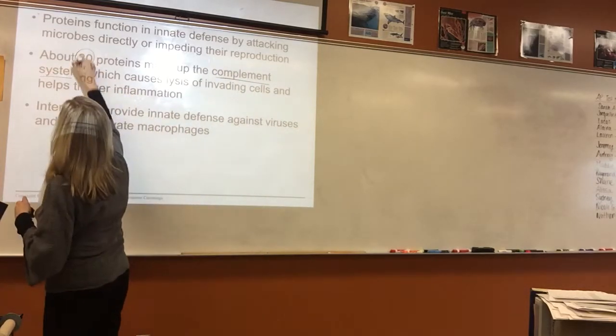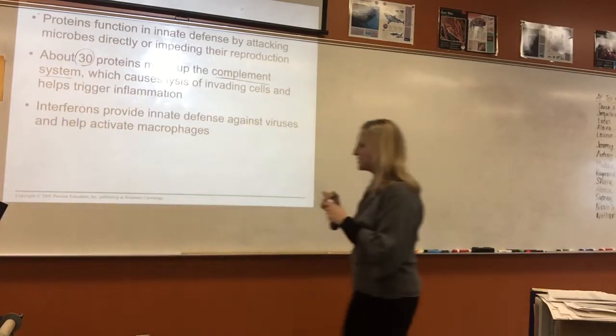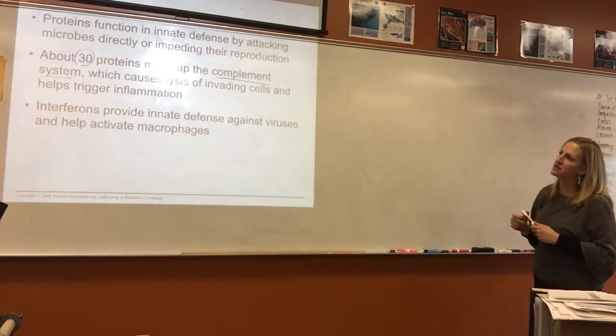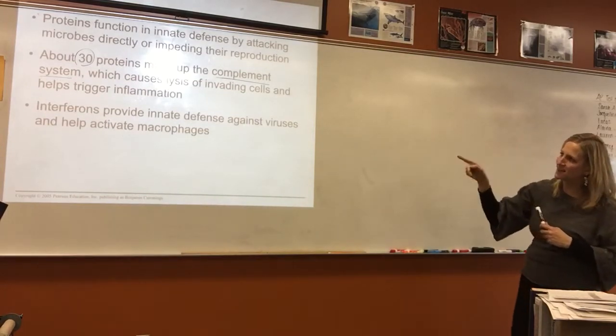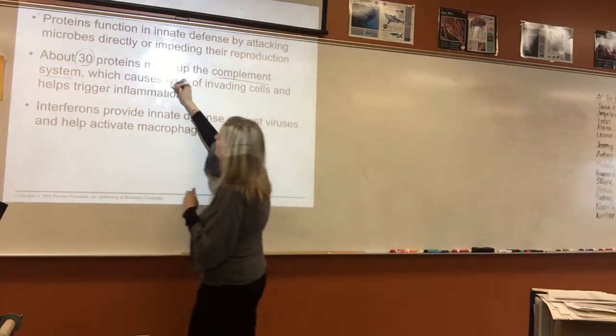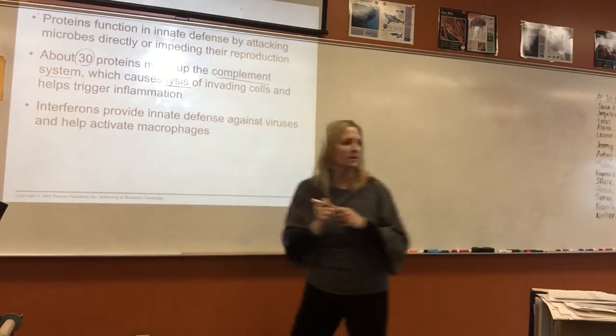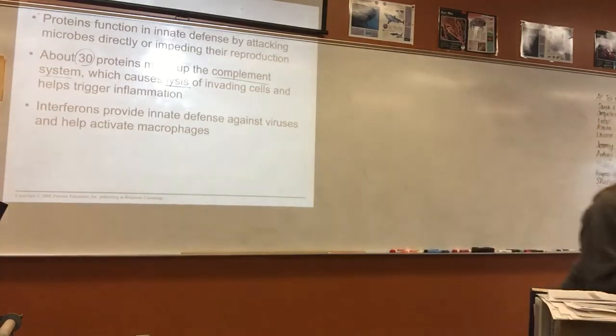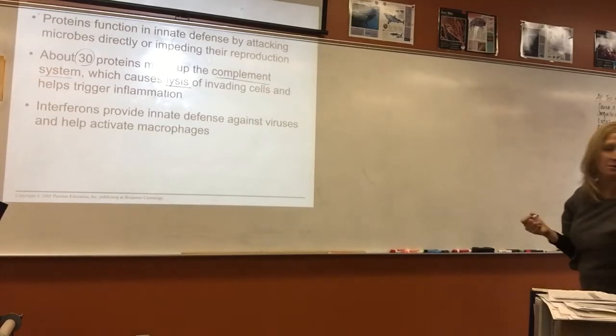There are 30 different proteins that make up this complement system. And notice it says, which causes lysis of invading cells and helps trigger inflammation. Lysis, the word lysis. Do you remember what that word means? We talked about it when we talked about osmosis, with the explosion of cells.